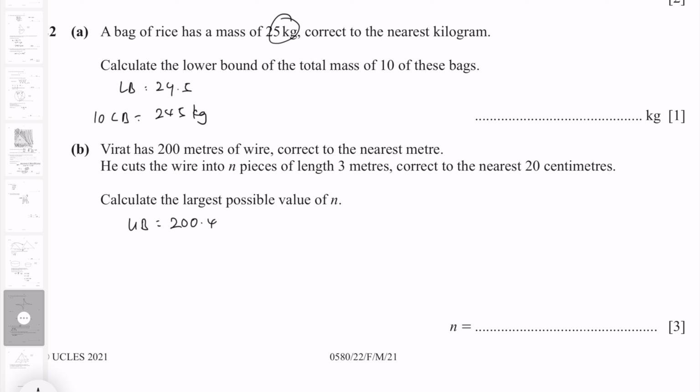He cuts the wire into n pieces of length 3 meters, correct to the nearest 20 centimeters. So the plus minus 20. That's 2 point. You want the lowest possible value.